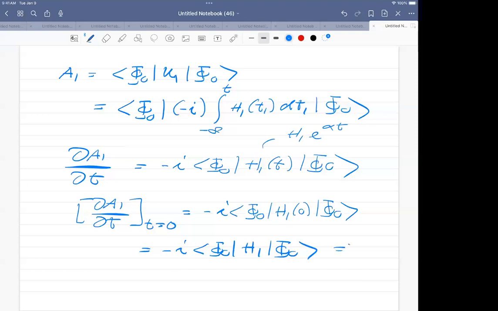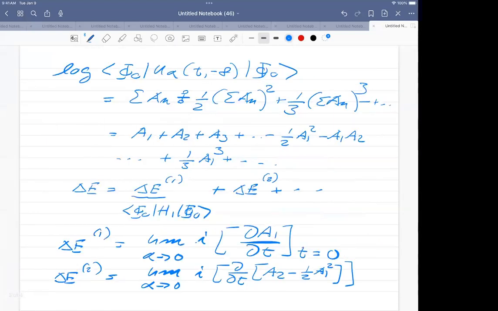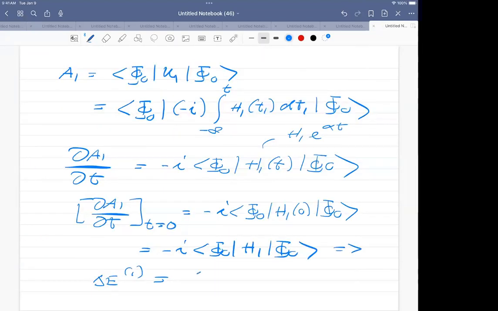And then that simply means that delta E1 is equal to, when I now remember that I have an i here, so it's i times a minus i, plus 1. So this is simply equal to phi 0 H_I phi 0. And this is what we've seen before for the first order contribution from time-independent perturbation theory.